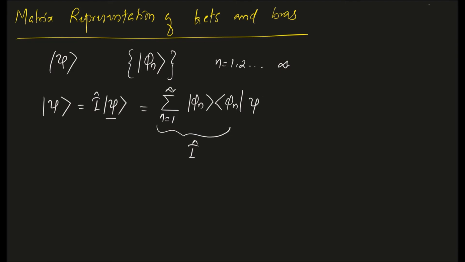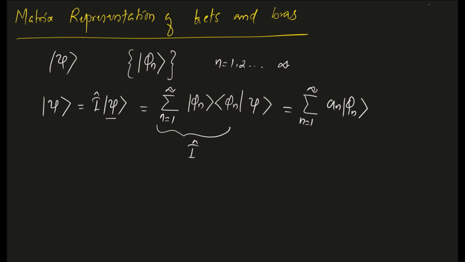Then you multiply it with the state vector psi. This can be written in a more compact form: the sum over n equal to 1 to infinity of a n times |phi n>.